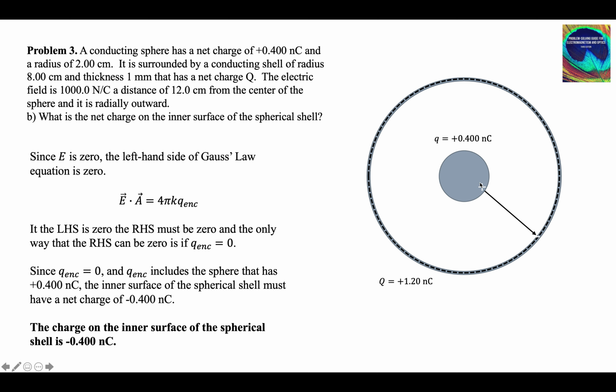In order for every charge that's making a field line in the sphere to end on a negative charge on the inner surface of the spherical shell, they have to be the same. Plus 0.4 nanocoulombs on the sphere, minus 0.4 nanocoulombs on the shell. All of the field lines are accounted for. No field lines penetrate through the metal. That's the answer to part B.